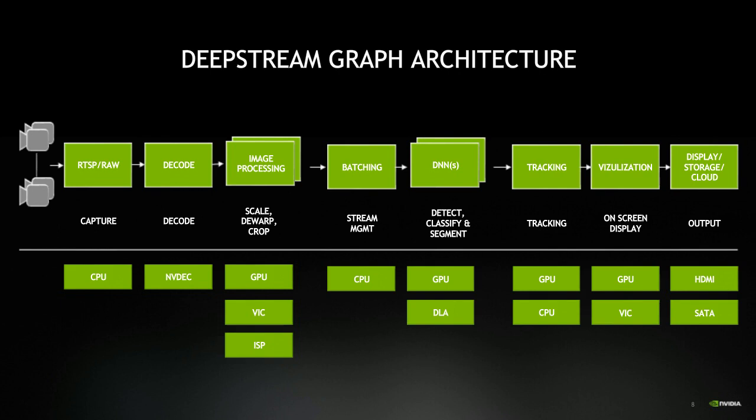This is run on the GPU or on DLA, the deep learning accelerator available on JETSON AGX Xavier. After inference, you might need to track the object for insights. And finally, the last step is to view the video on the screen with the attached metadata or send just the metadata to the cloud for further analytics.